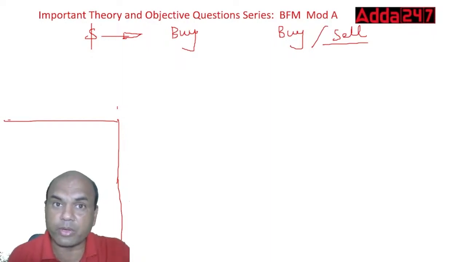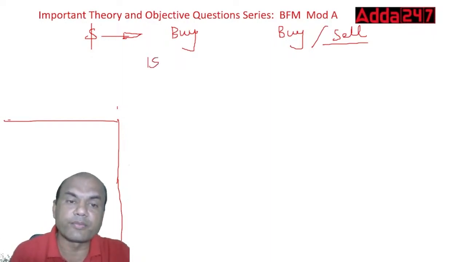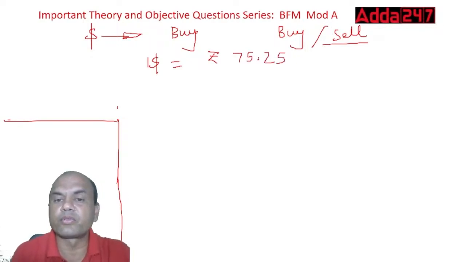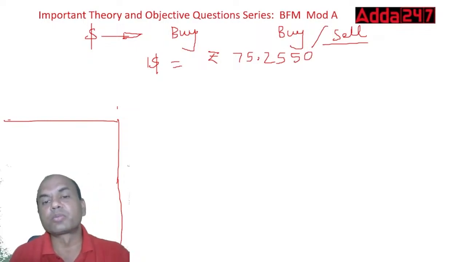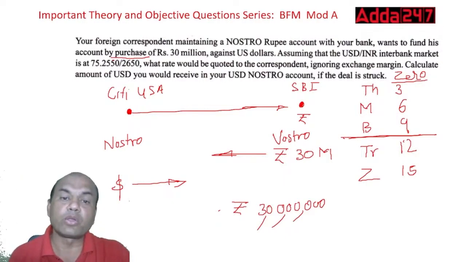Look at this very properly now. Very important part. So $1 equals rupees 75.2550. This is the rate. Now what do you have actually?